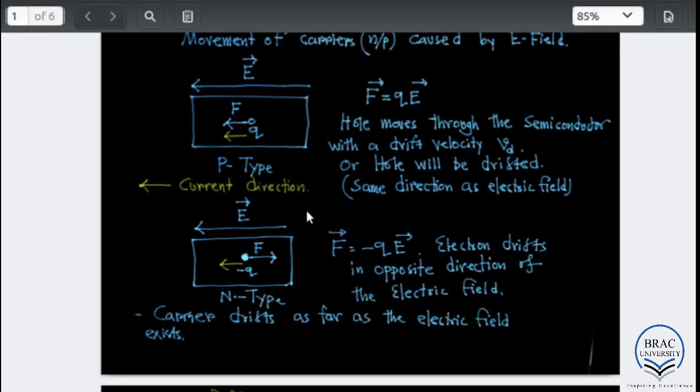And again, since we know the direction of the current is always opposite to the direction of the movement of the electrons, in that case the current direction will be the same direction as the electric field. So this type of movement by carriers under the influence of this electric field, and the associated current, is called drift current.